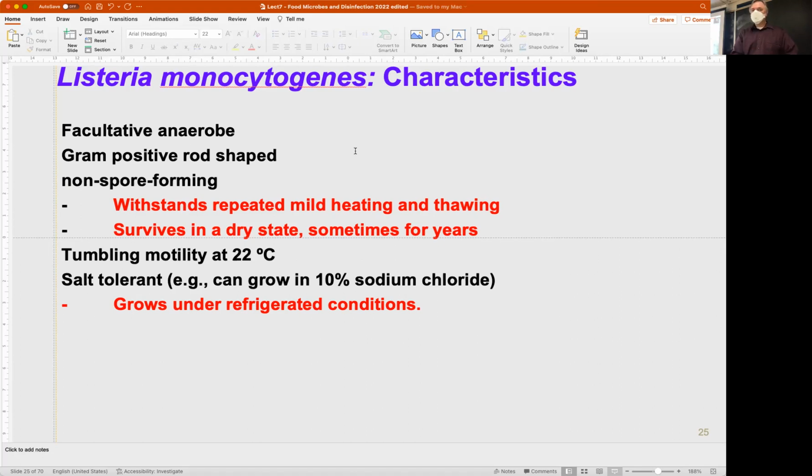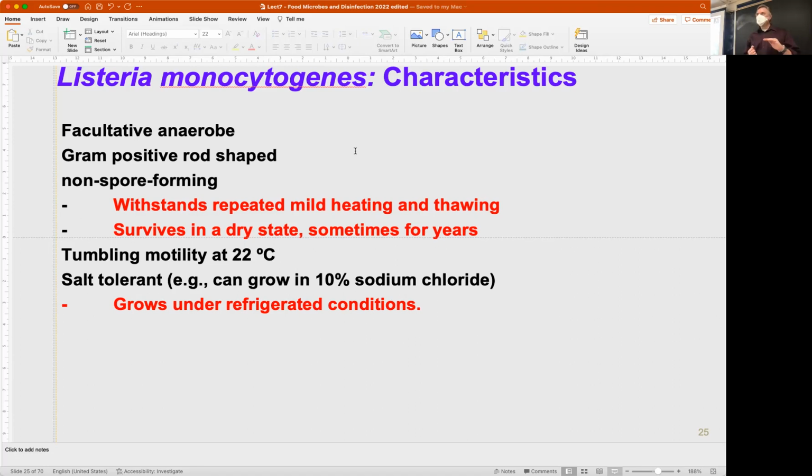It doesn't have spores, and here's what makes it so bad. If you heat it and thaw it, it can still survive. If you dry this bacteria down to an absolutely dried state and let it sit there for years, it can still come back.